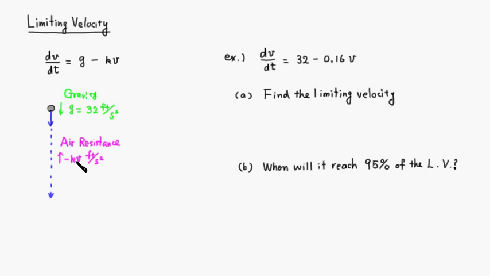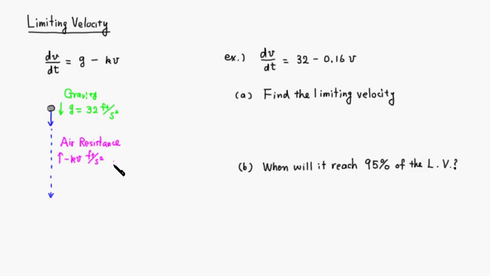So then we can set up a differential equation for velocity. dv/dt is equal to g, which is the gravitational acceleration, minus air resistance, k times v, because it's proportional to the velocity. So we have this differential equation.